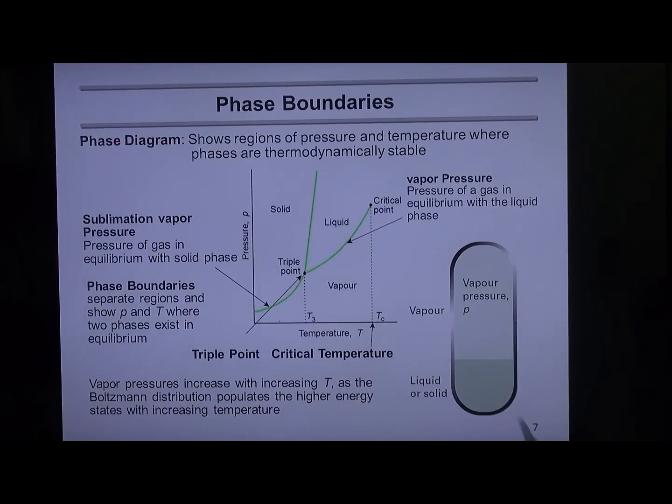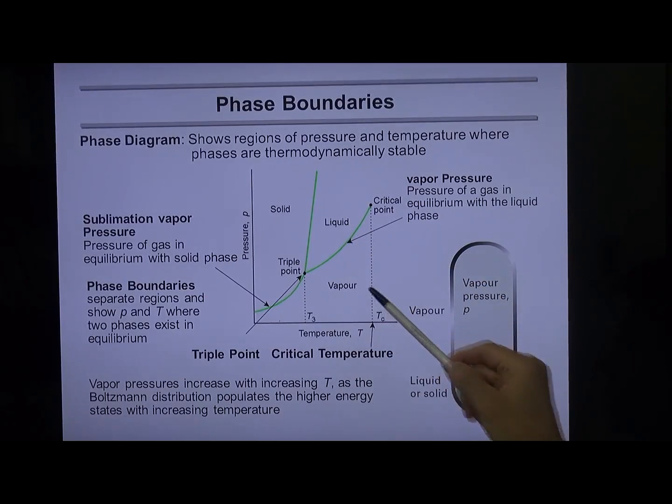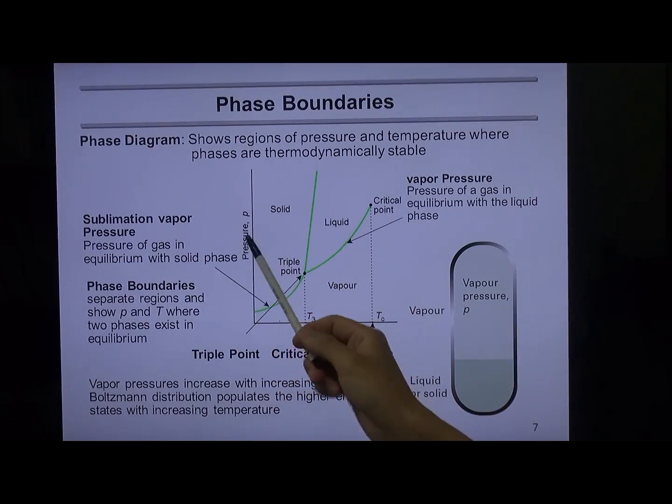For a single component, the phase diagram looks like this, for example. If there is only one phase present, that means that it is somewhere like here, or here, or here, something like that, right? Then, for example, let's say that we are here.